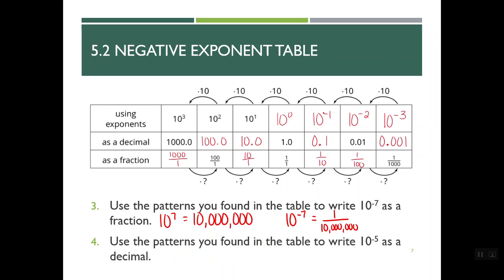If we look at 10 to the negative 1, it's just 0.1. 10 to the negative 2 is 0.01, so there's 1 zero there. 10 to the negative 3 has 2 zeros. So the number of zeros between the decimal and the 1 is 1 less than that negative exponent. So we're at negative 5, which means we would have 4 zeros between the decimal and the 1. So this would be 0.00001.